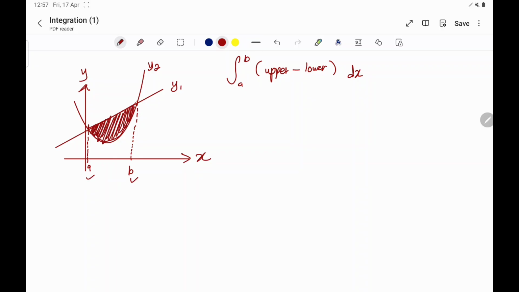To choose the upper and lower curve, you look at the shaded part. This is the upper one, and then you minus the lower one, which is this one. So the upper one is y1, our linear, minus y2. Then you proceed to substitute the equation and so on.